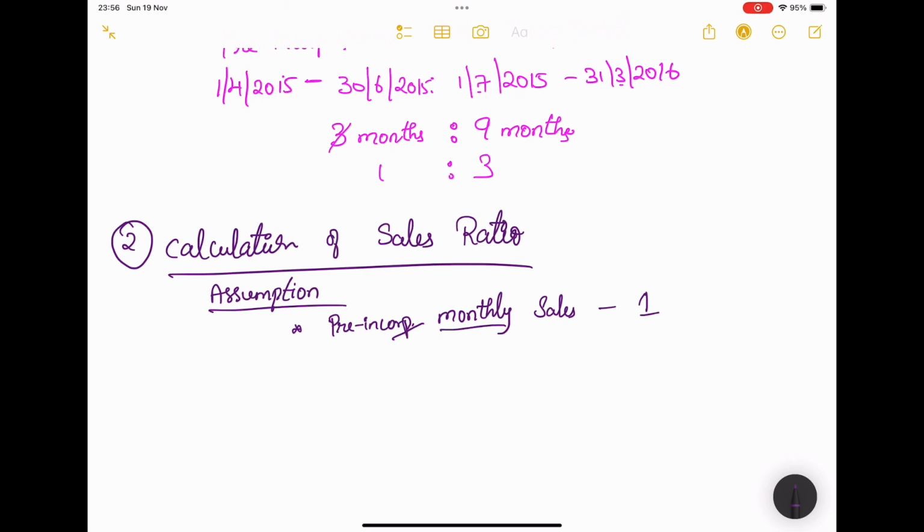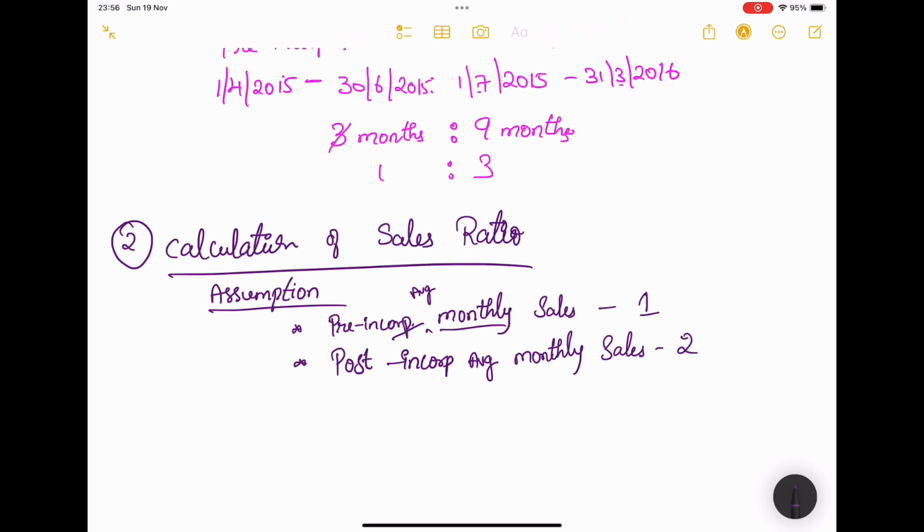Okay, next, post incorporation, let me write average also in order to avoid confusion. Average monthly sales as 2. Got it? You understood this point, right?